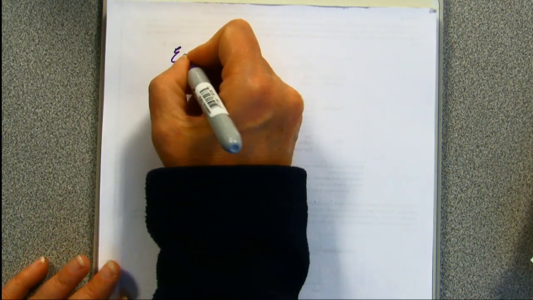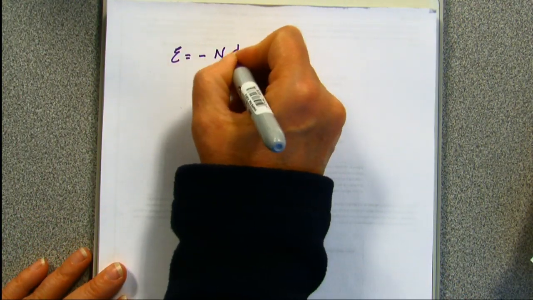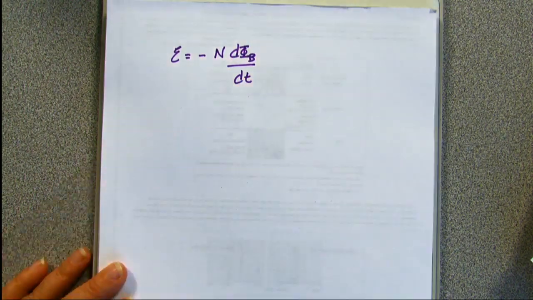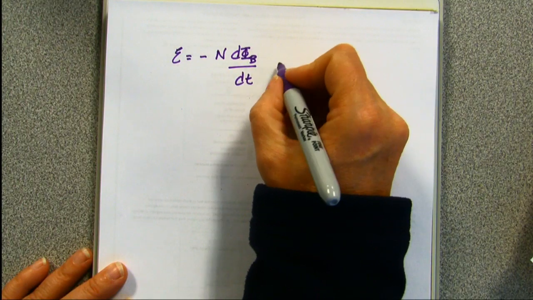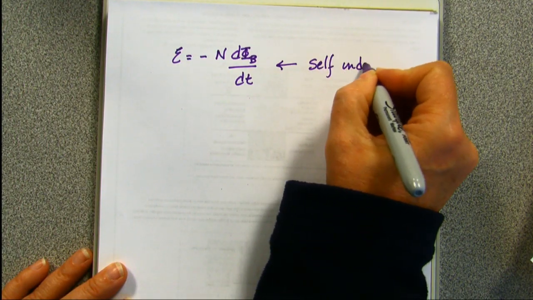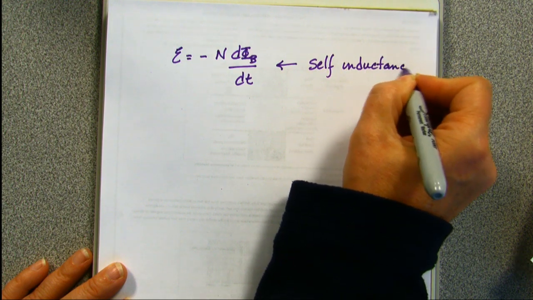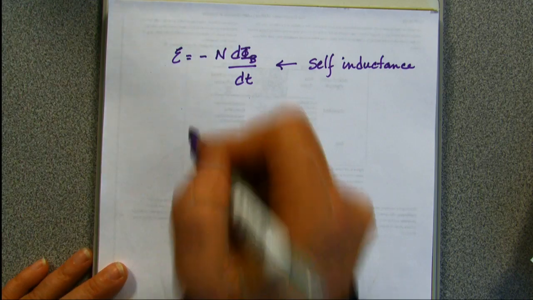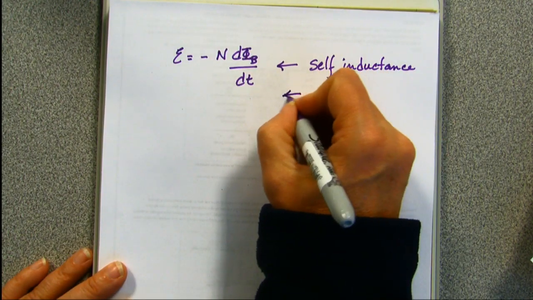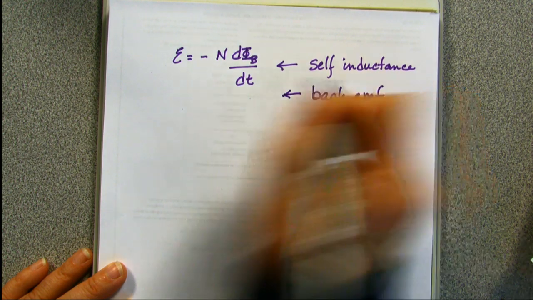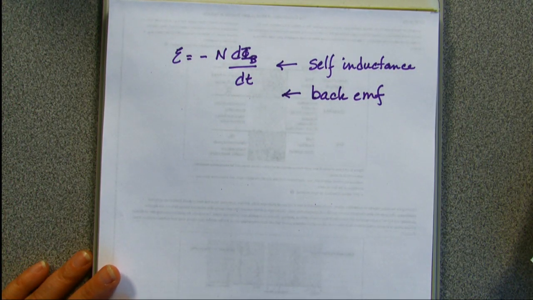So I'm going to start out with my induced magnetic field with respect to time. We can call this self-inductance. This negative sign also can create something that we call a back EMF, because it's reversing.